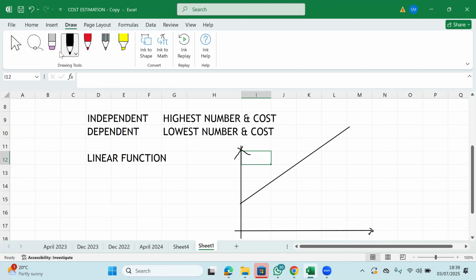Let's assume this is our graph. Hope you're going to understand that I'm struggling a little bit. Okay, I think this is better now.